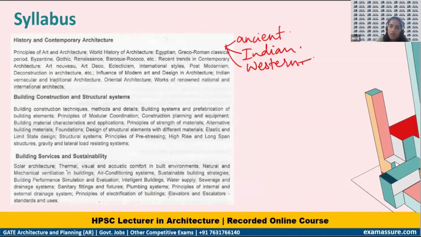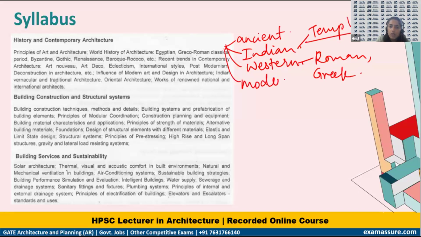So basically here all your Roman, Greek, in Indian all your temple architecture, very, very important. And then coming to your modern period, modern history, various international styles, modernism, postmodernism, brutalism, all of these, whatever styles, various architects, then works.